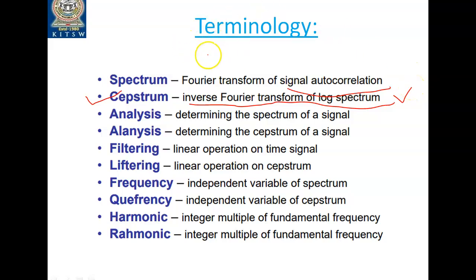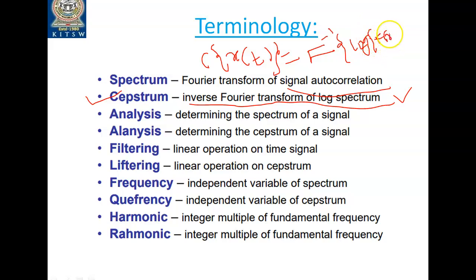Just recall the mathematical expression from the previous video: C of x of t, where x of t is in the time domain, is equal to the inverse Fourier transform of the logarithm of the Fourier transform of x of t. So this is nothing but your cepstrum.